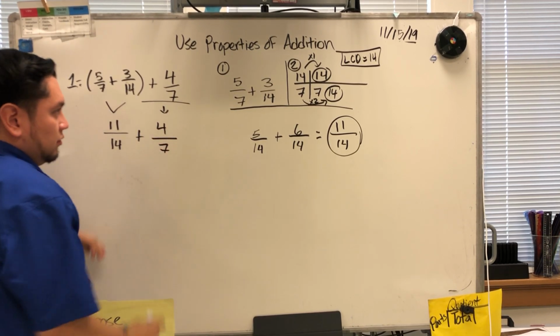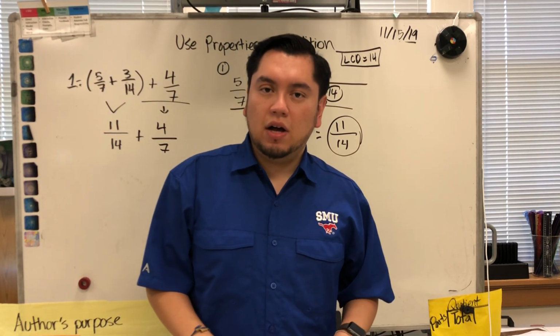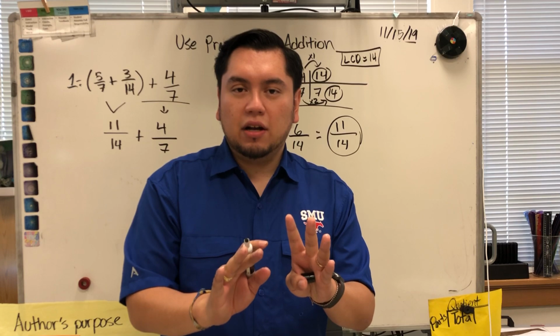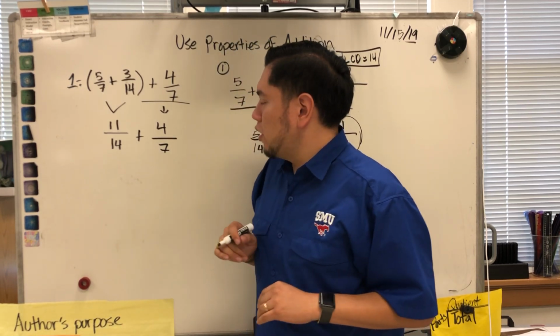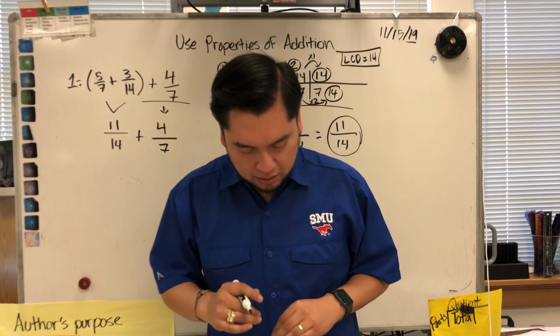4 out of 7. I need to do a second 3-square model. So let me wait a couple seconds for you to catch up on this part. If you're already done, start preparing the next part.